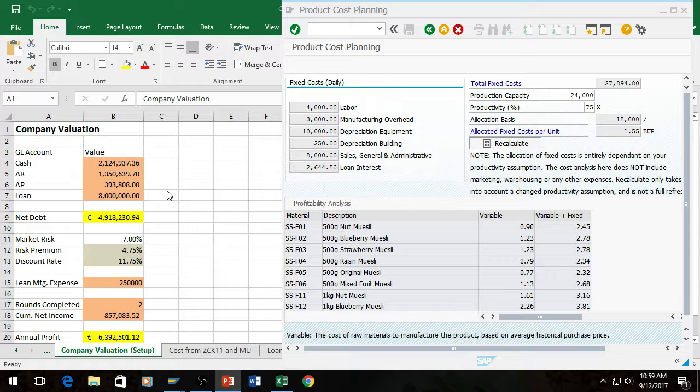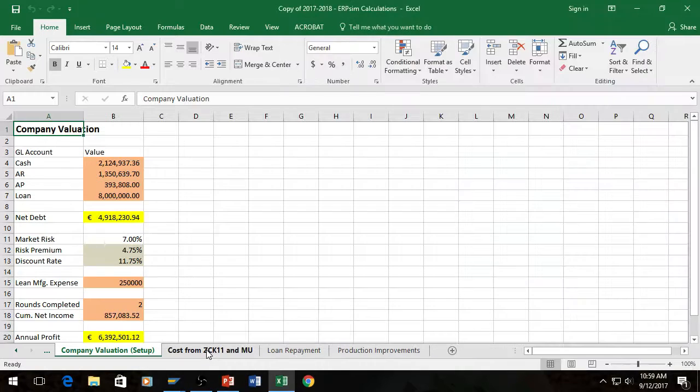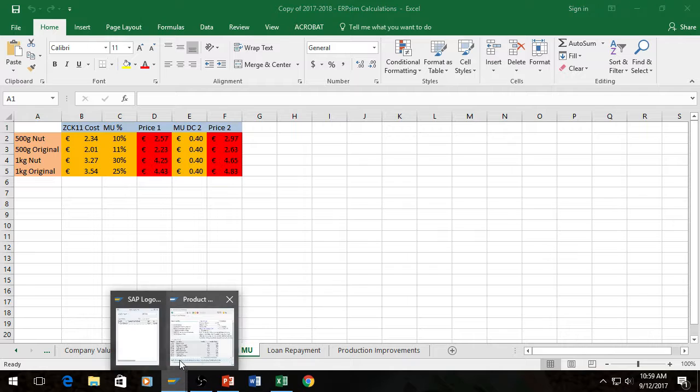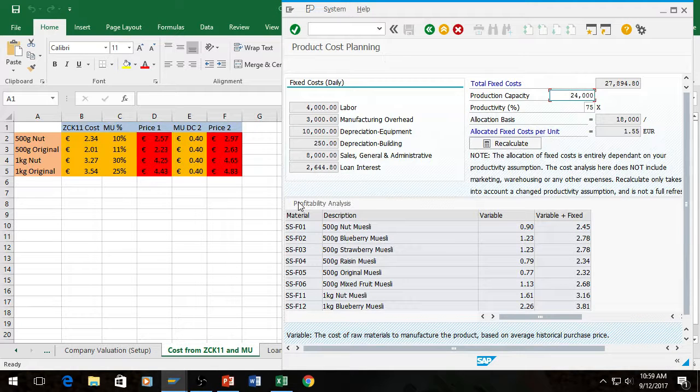And when talking about quantifying your strategies, one thing that happens when I talk to students is they'll say, well, rather than saying, I think we should do this, or maybe if we do that, really having the calculations figured out. If we put this much investment in this, we will get this much of a return. So often what I find students doing when I say that they should quantify, they do something like this, where they go into ZCK11, the product cost planning, and they come up with whatever their cost might be.